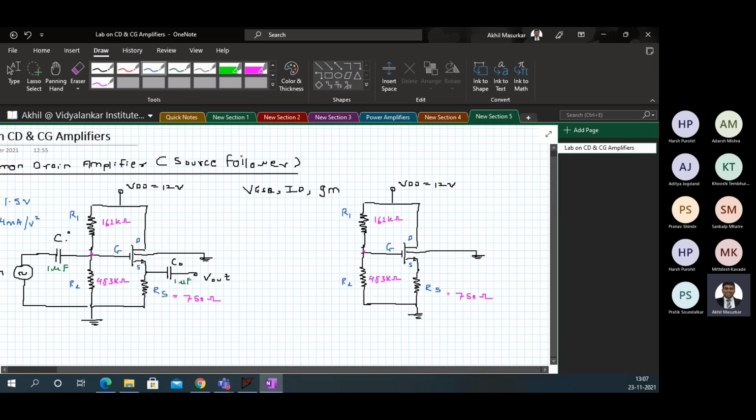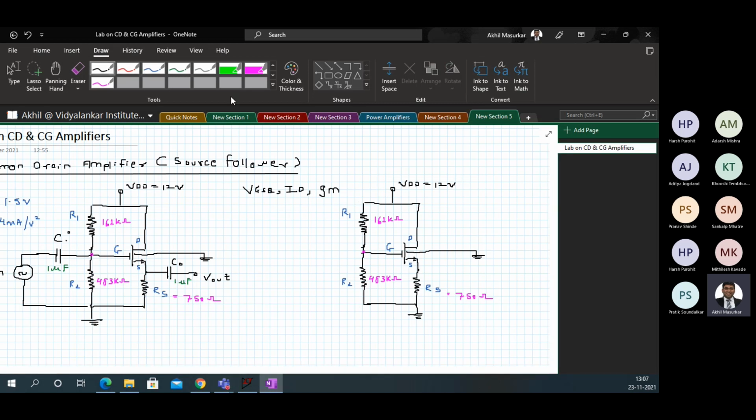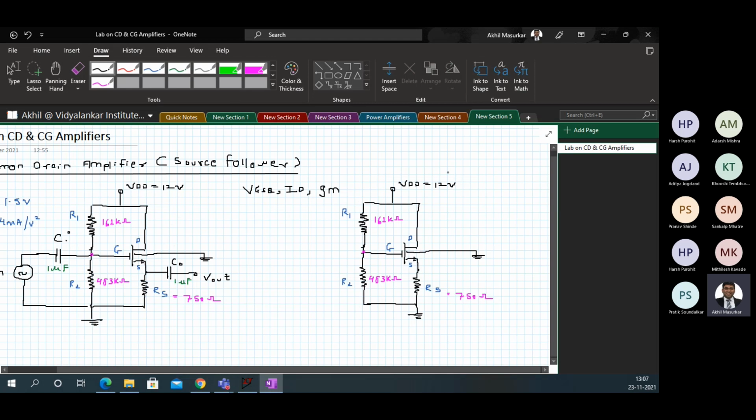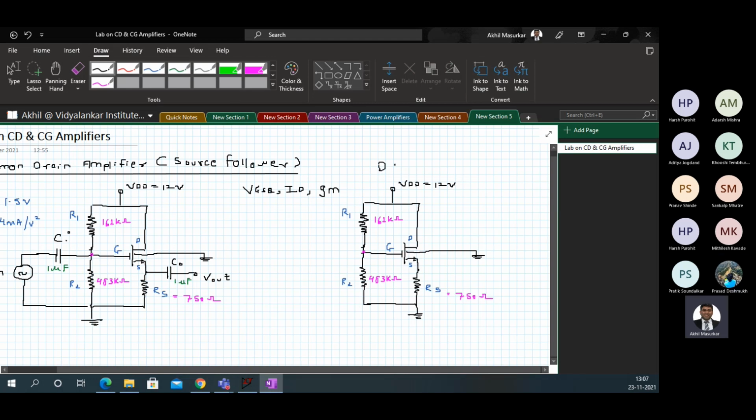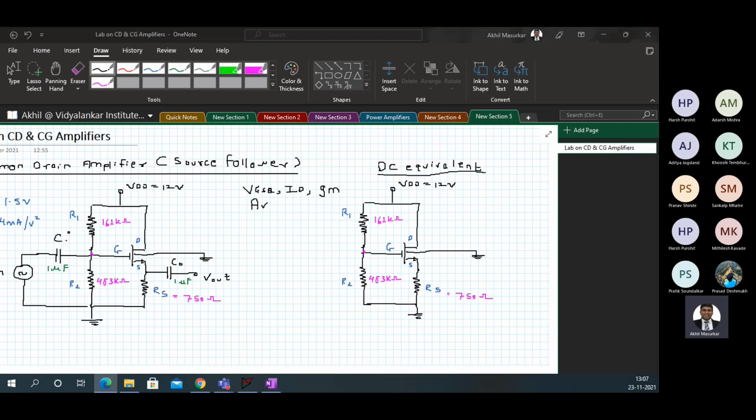I'll just write here that this is the DC equivalent. The DC equivalent will give me the Q point, and the AC equivalent would give me the value of gm and voltage gain AV.